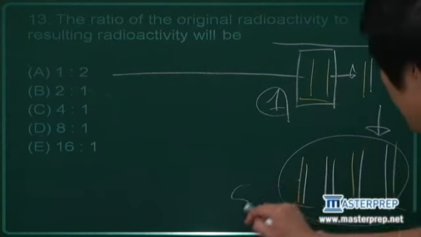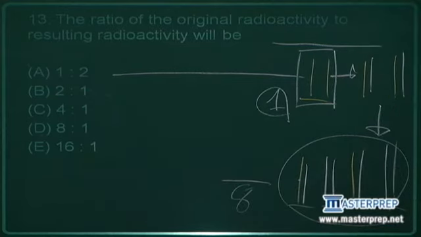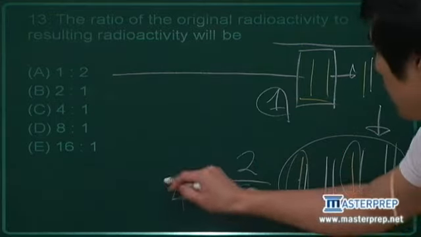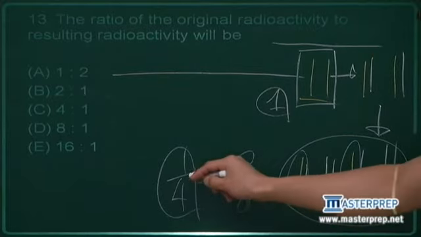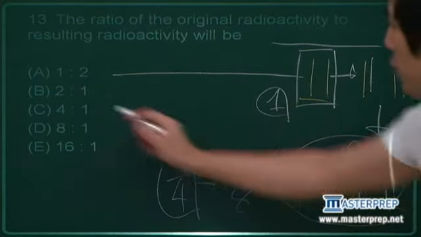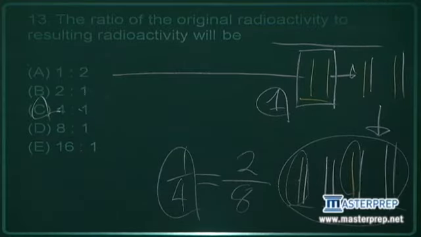Out of the 8 single strands, only 2 of these are radioactively labeled. So it's got to be only a quarter of the original radioactivity, right? So it's got to be 4 to 1. So C.